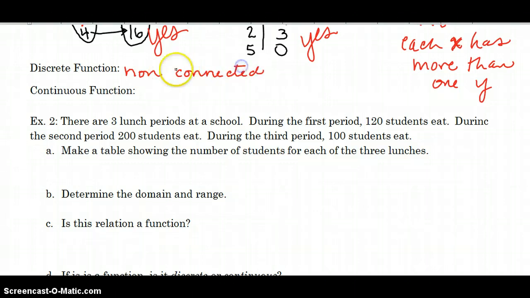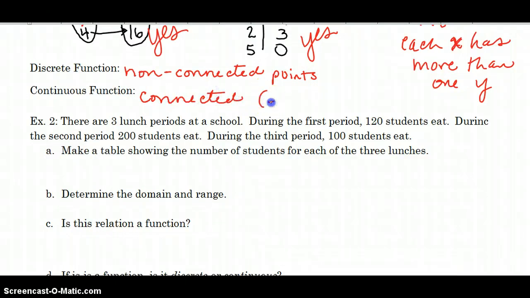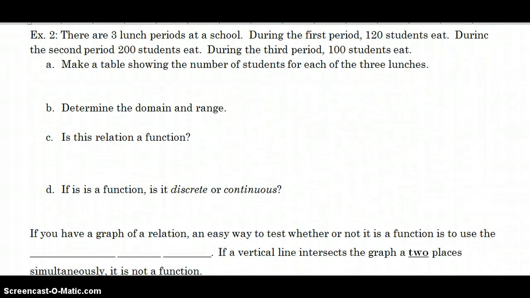So if a function is discrete, the points are not connected. Continuous function, everything is connected. So that means it'll be a line or a curve to be a continuous function. Okay, we'll talk more about those later on, a lot after Christmas.